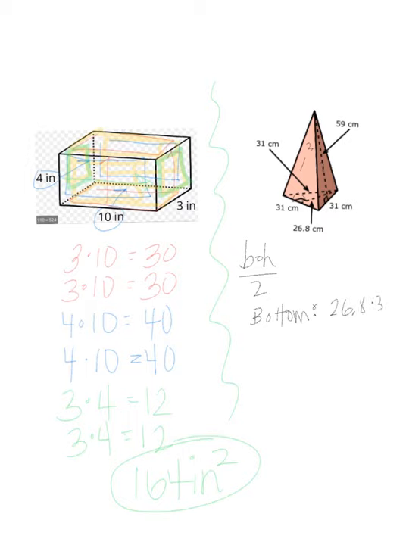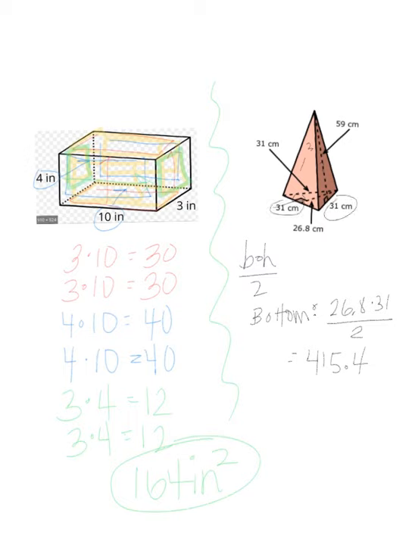So if I go 26.8 times 31, all divided by 2, I'll grab my calculator. Okay, so 26.8 times 31, all divided by 2. So on the bottom, I get an area of 415.4.